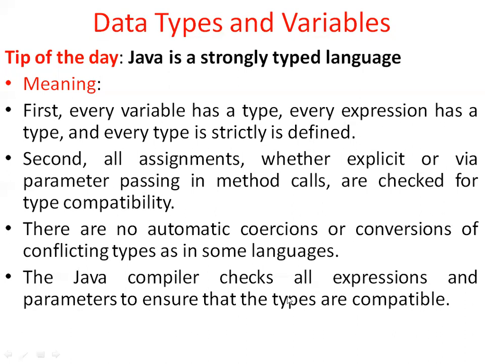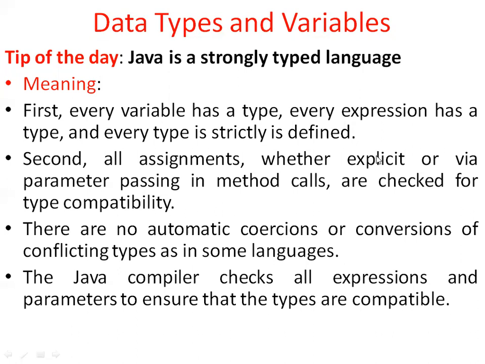This type compatibility checking is done during compile time only. So immediately the Java compiler reports the error. These are the points to be remembered about Java being a strongly typed language.